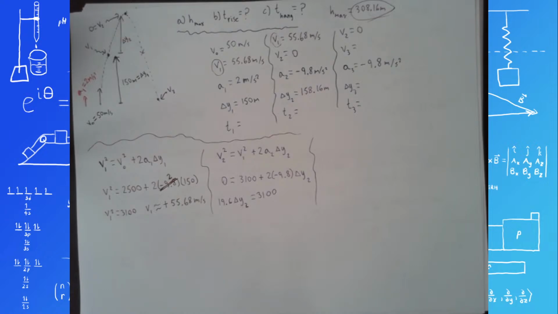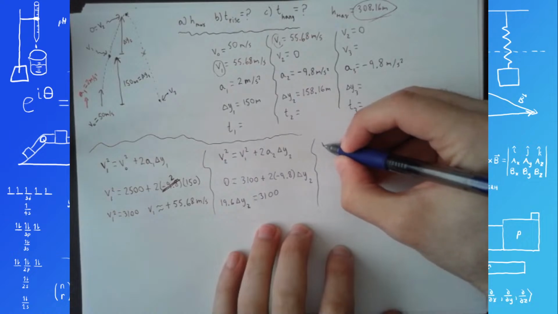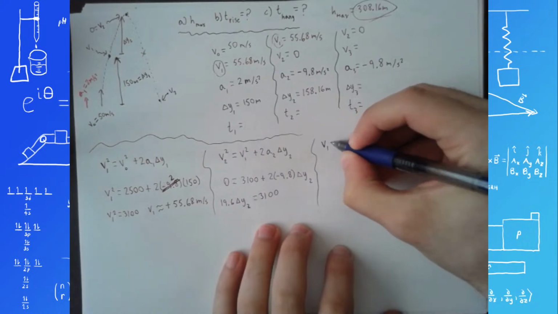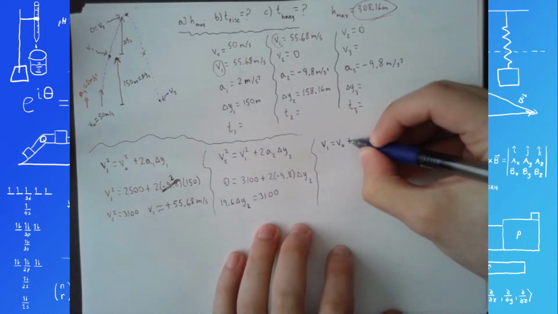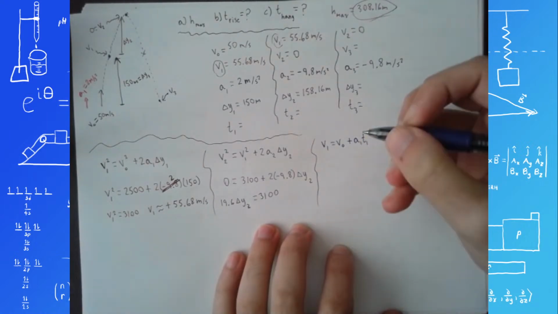But generally, if you have to choose between using the first or the second equation to solve for time, the first equation of kinematics is usually the better one to go with. So that's what I'm going to use. So phase 1, we've got v1 equals v0 plus acceleration 1 times time 1.